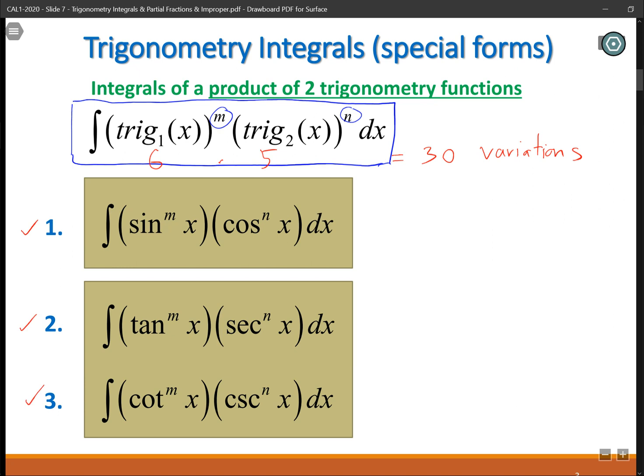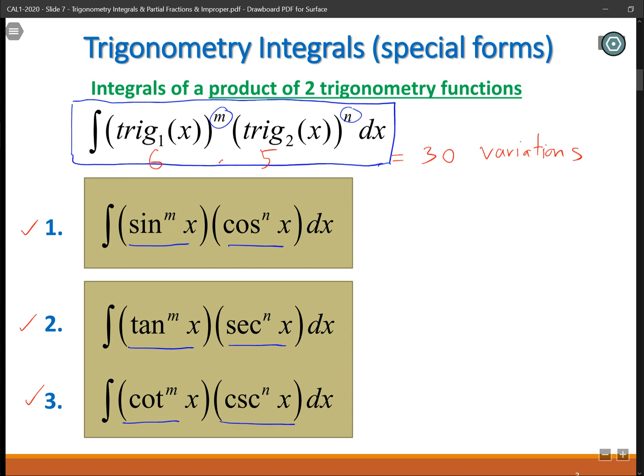And at this point, you can see that there is something special about the pairs that we picked from the 30 variations. So the first variation, you can see that it's sine and cosine. The second variation is tan and secant. Now the third variation is cotan and cosecant.